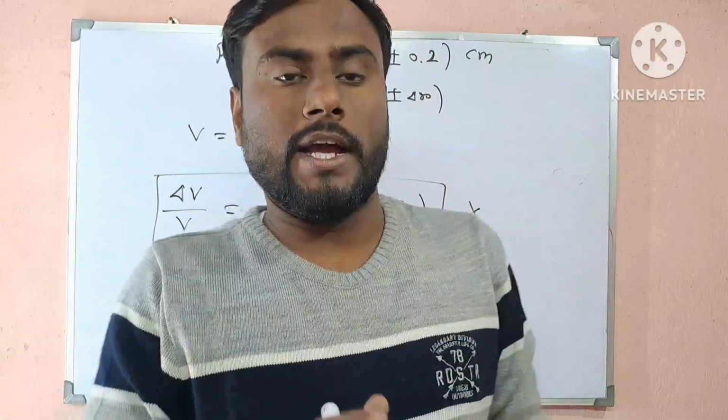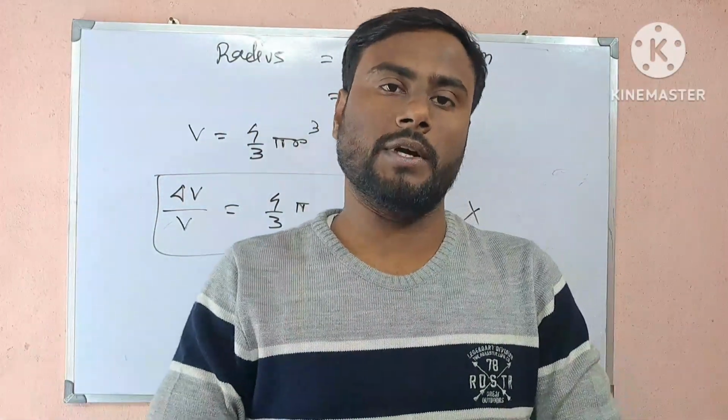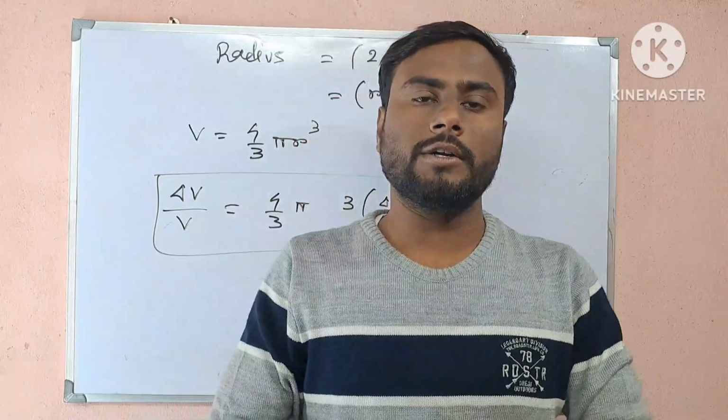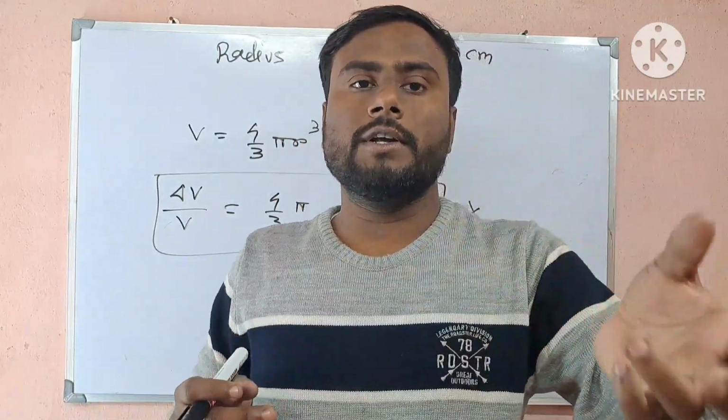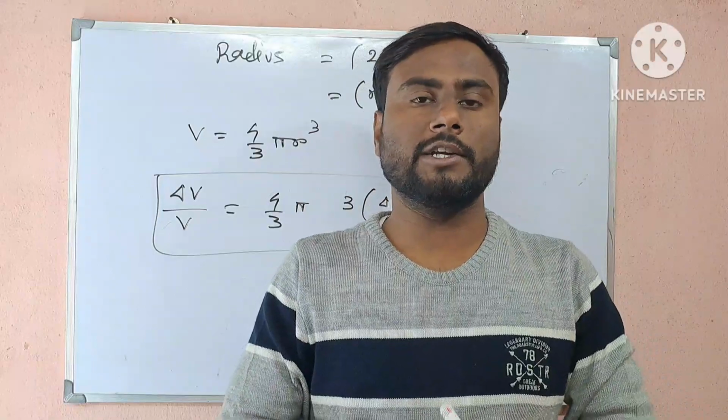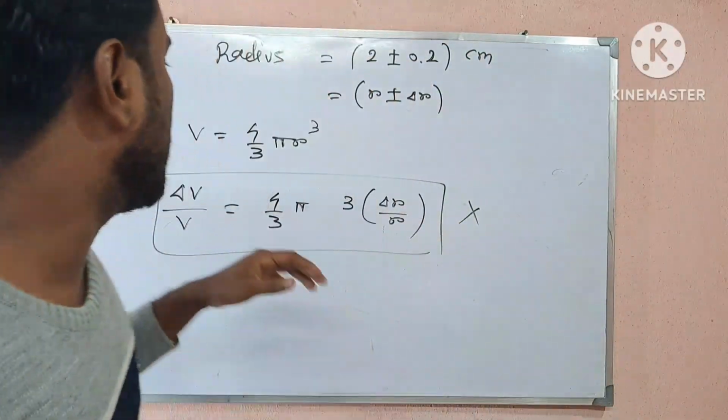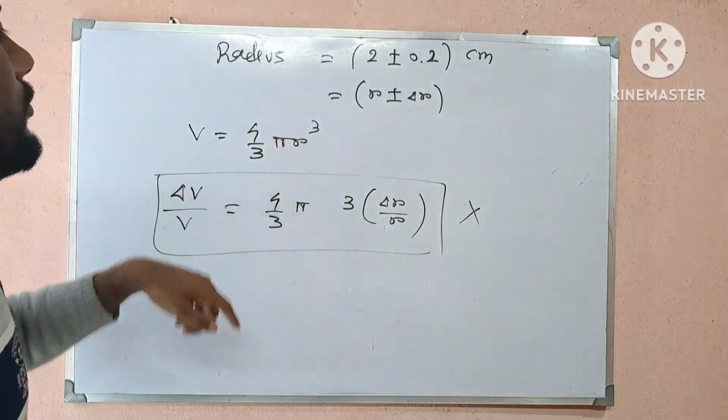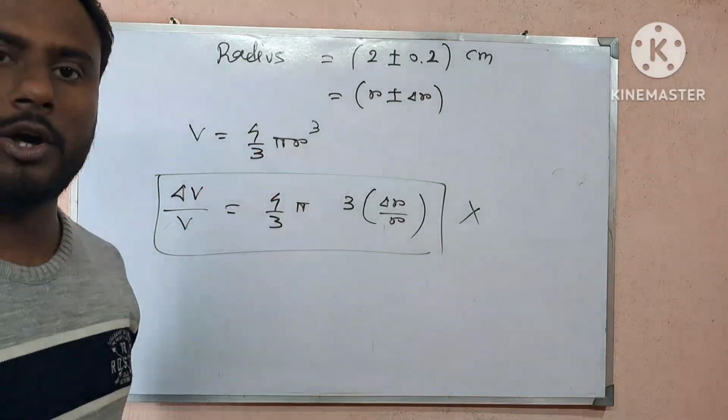Physical quantities means any measurable quantity. Actually, error arises only when we take some measurement, but in a constant there is no error. So here 4/3 pi is a constant, so there will not be any error.